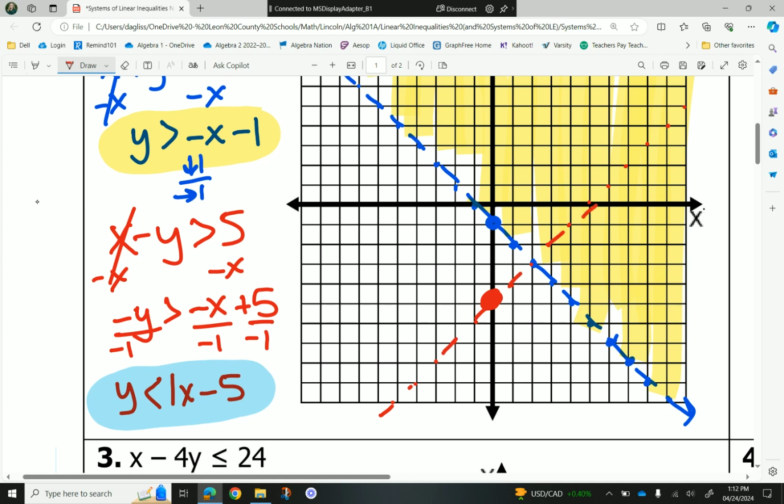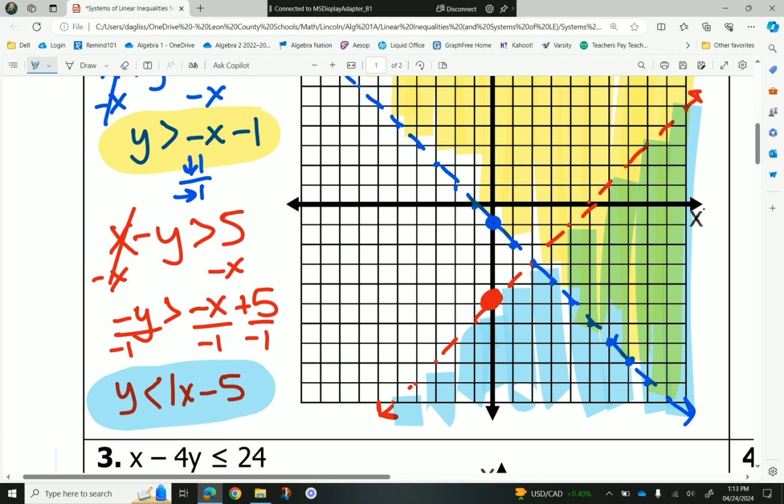By a dashed. Good. And we're shading above or below because we are now less than. We're less than, so we're going to be below the y-intercept. So we're everything down here.